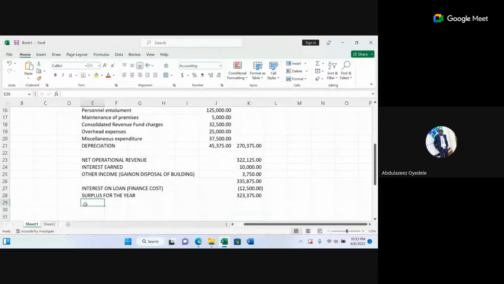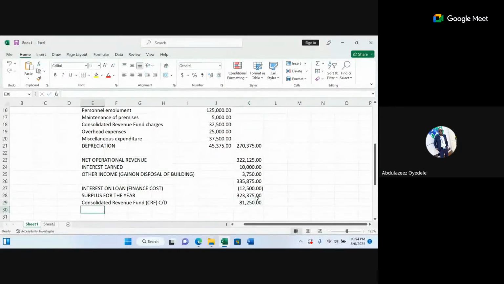So this is consolidated revenue fund brought down. We carry it down. This 81,250.